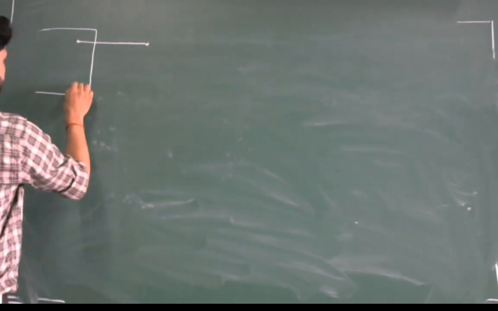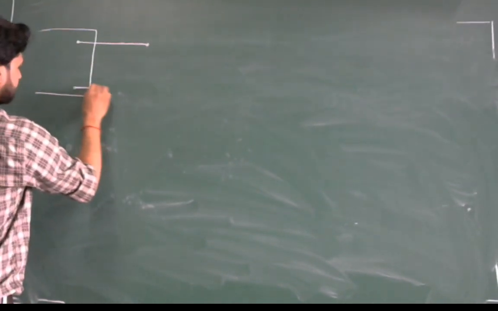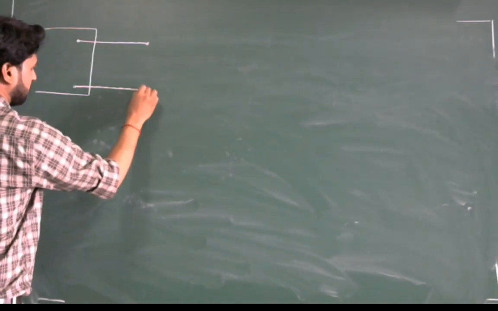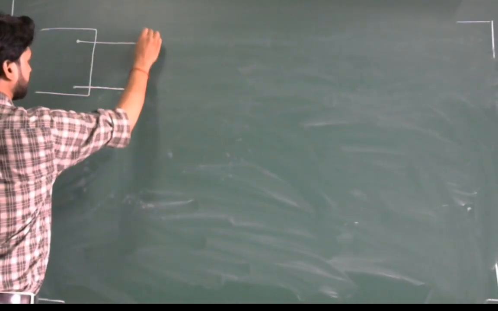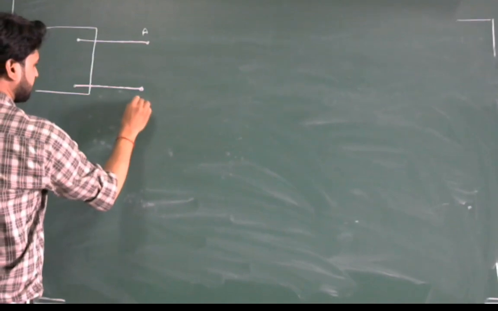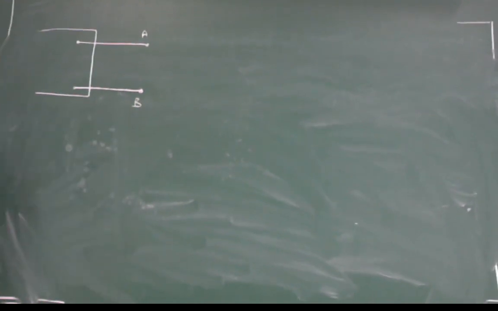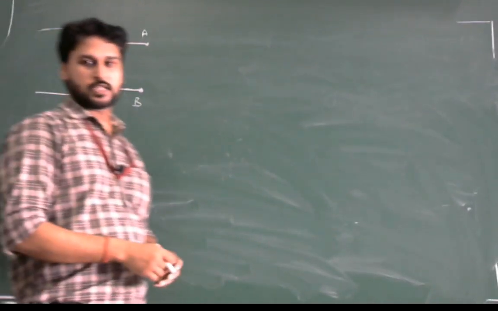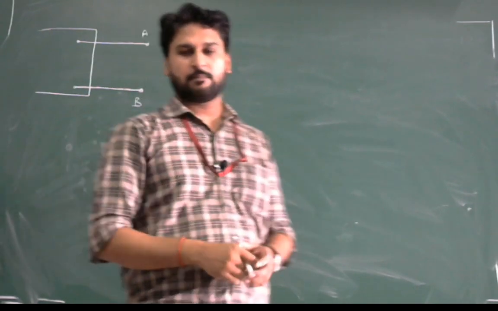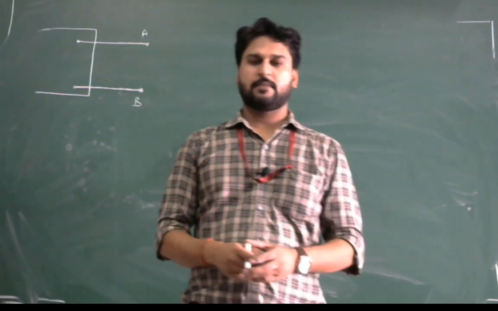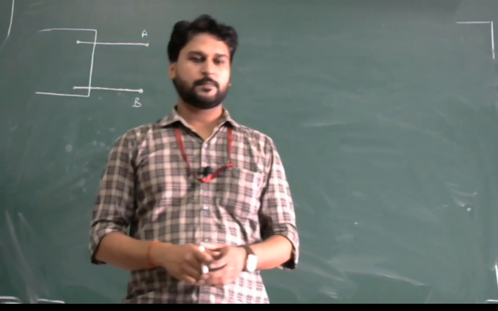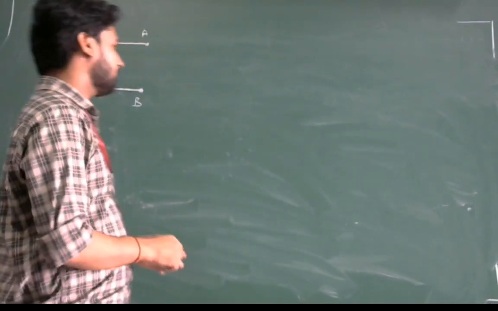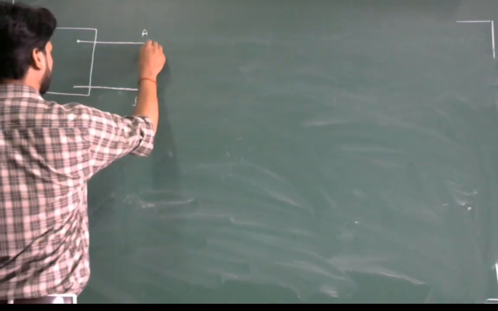Suppose this is terminal A and this is terminal B, and we have to measure the voltage across terminals A and B by introducing a PMMC voltmeter.